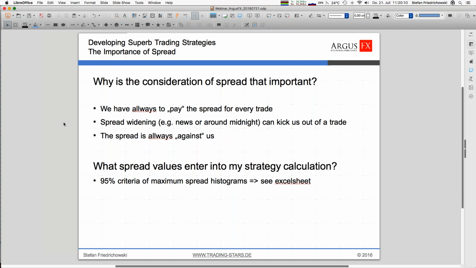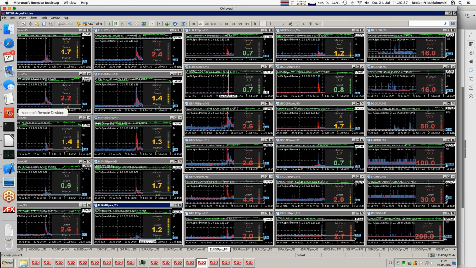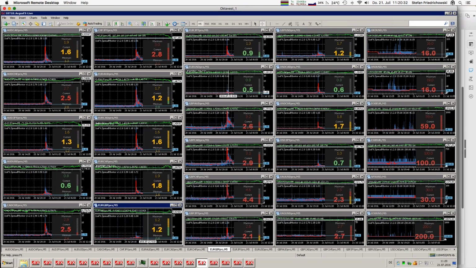So now to the question, how do I personally calculate or look at spreads, because those spreads have to enter in my trading strategies as well. And what I do is the following procedure. First, I have something like you see now here on the screen. That means I have a couple of underlyings running on an M5 chart, and you see for all the underlyings the spread monitoring.